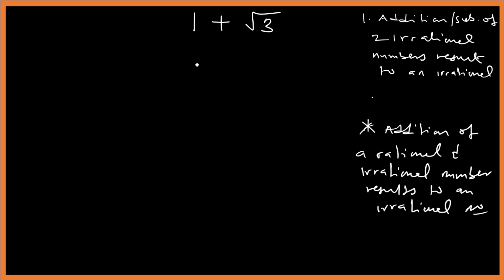So let's start. I'll pick the square root of 3. We want to show that root 3 is an irrational. We will start by a method of contradiction, which means we are going to assume the opposite.